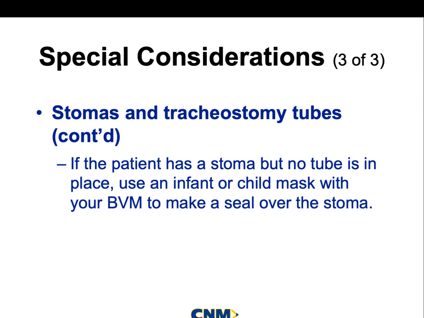We have about 6 or 7 different sizes of actual BVM masks that we can hook up to the BVM, and it goes all the way up from neonates to adults, and I would drop it down to even a neonate, right? We just want to make sure that that mask is actually covering the whole of the stoma and making sure that we're actually getting a good seal if we do have to ventilate our patient that has a stoma without a trachea tube in place.